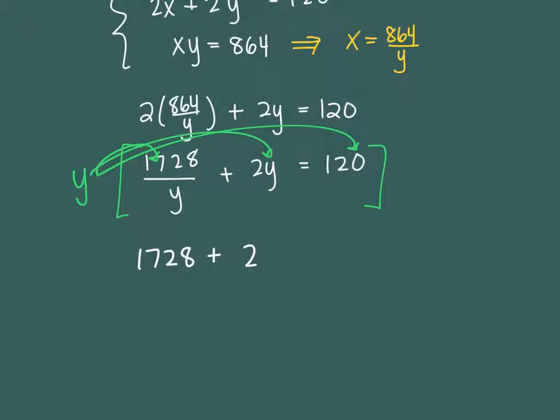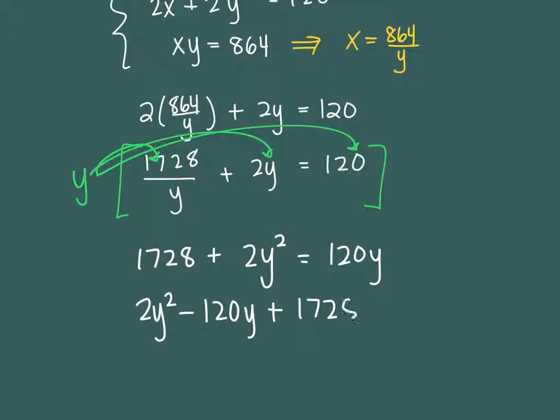What will it give me after the 2? Y squared. And what will it give me after the 120? Y. And now that I have a problem with a square in it, what do I need to set that equal to? 0. So let's put this in the right order. 2y squared minus 120y plus 1728 equals 0.